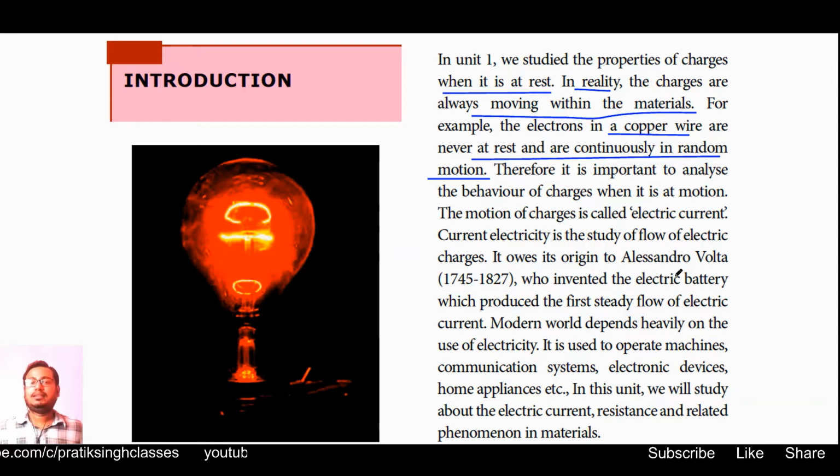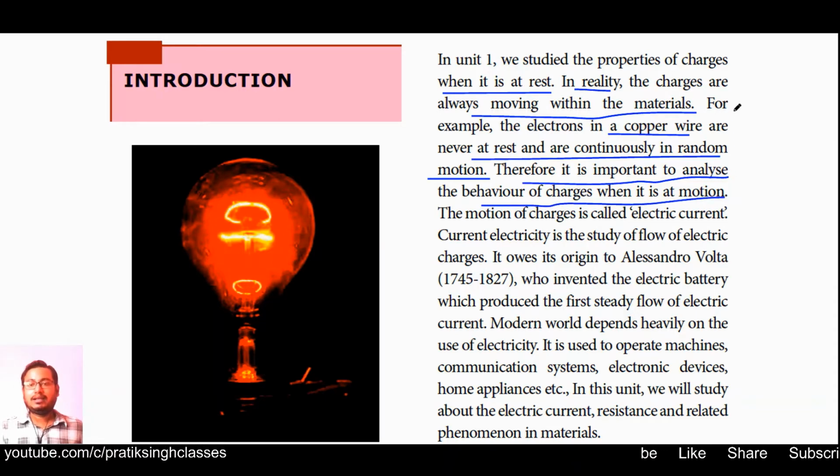Whether it is in solid phase or liquid phase or in gaseous phase. Even though you look at a material in a solid phase, if you go to its microscopic level, you will see that all the subatomic particles are always in random motion. Therefore, it is important to analyze the behavior of charges when they are in motion.